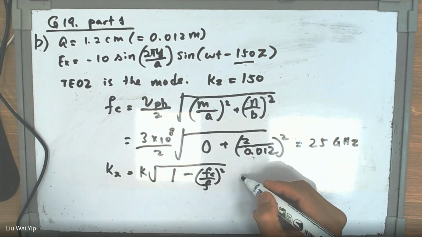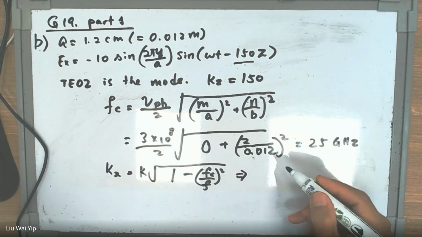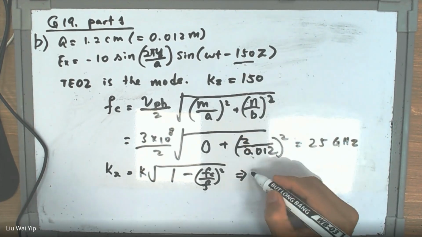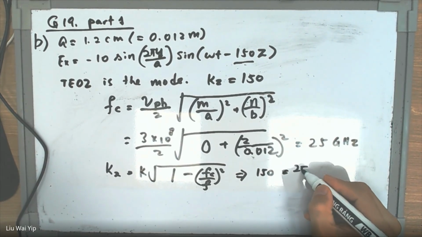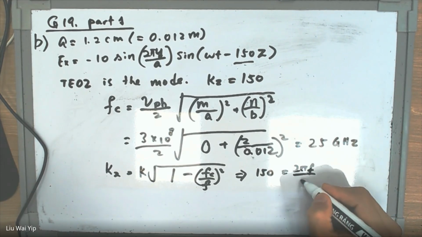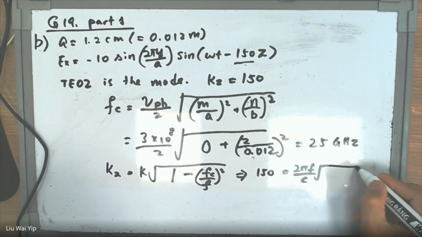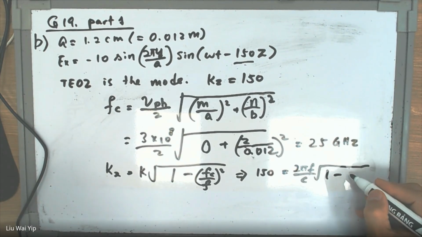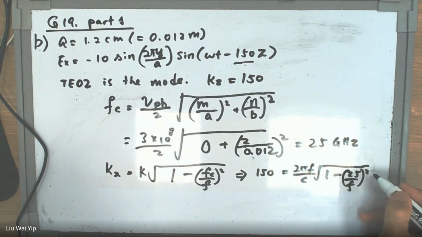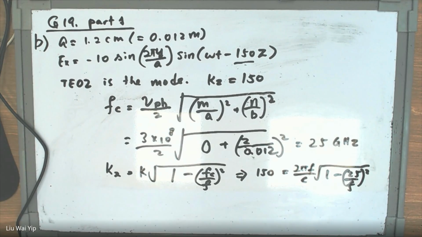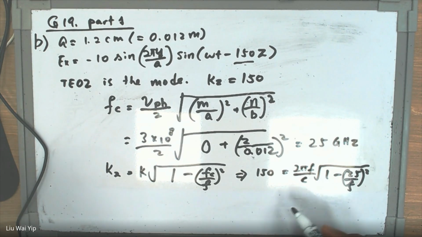As a result, we get 150 equals 2 pi f over c, times the square root of 1 minus (25 over f) squared, and let's see what frequency you get.